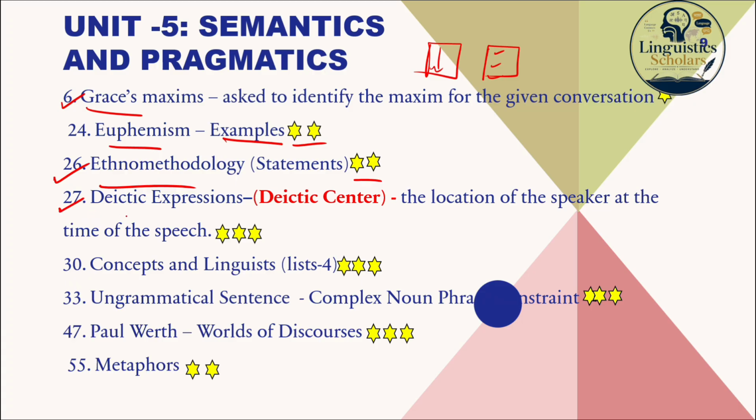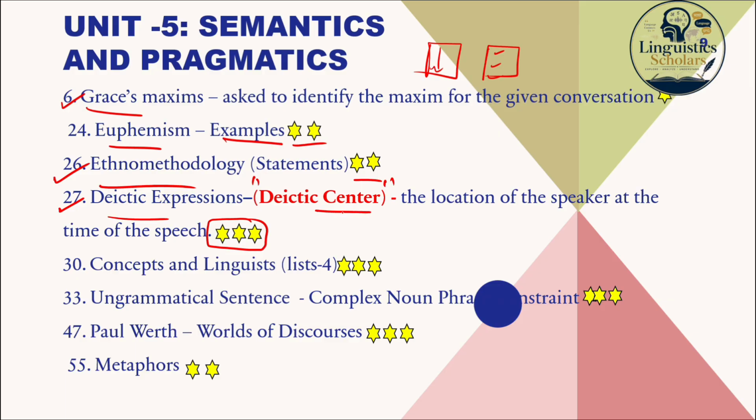And there is one problem with the deictic expression question, because the location of the speaker at the time of the speech is given as the answer, but it is not a proper definition of deictic expressions. It is basically a proper definition of deictic center.